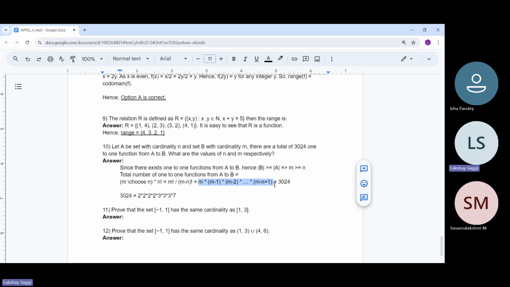So we need to write 3024 as a product of some consecutive numbers, right? These are all consecutive integers. Actually, I think we can divide it in terms of consecutive numbers. And what will those be?